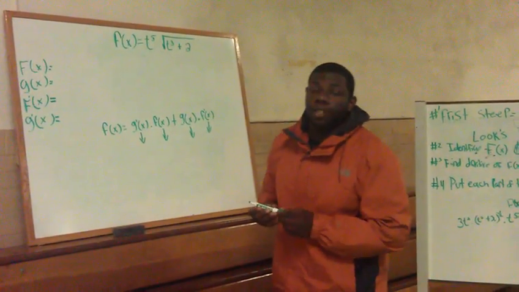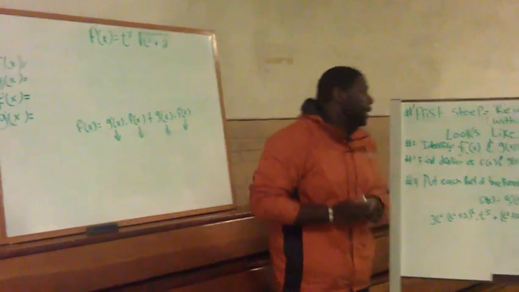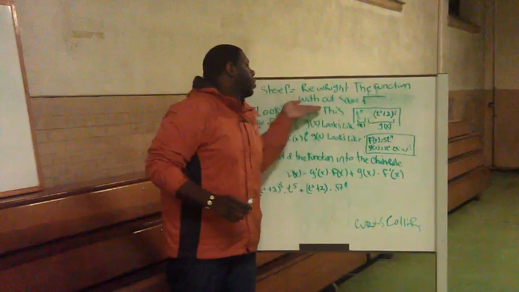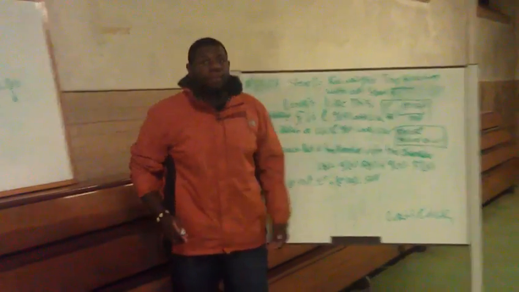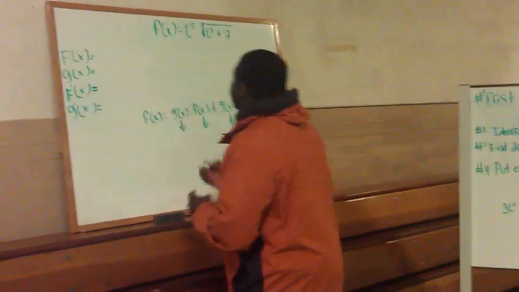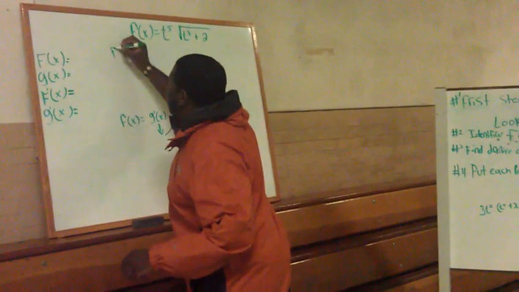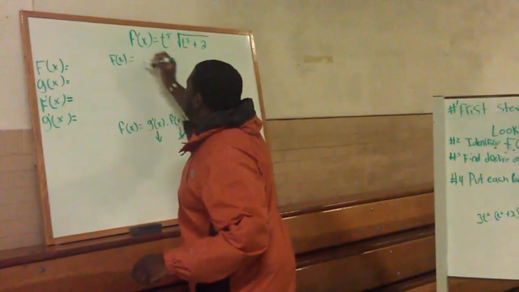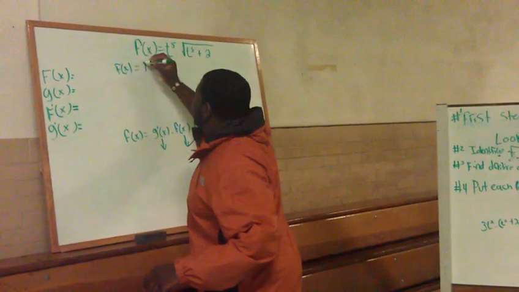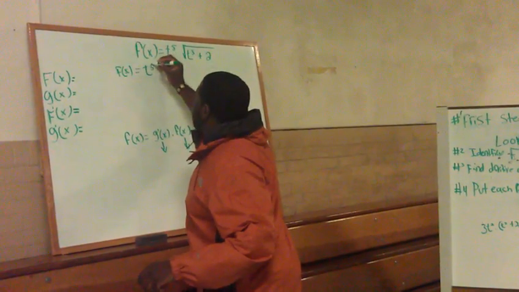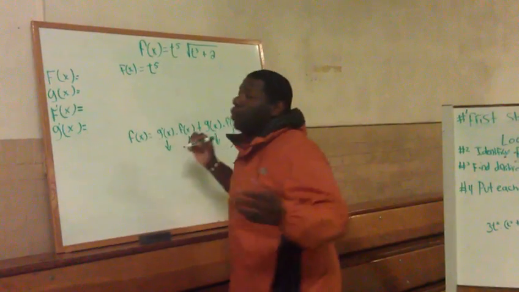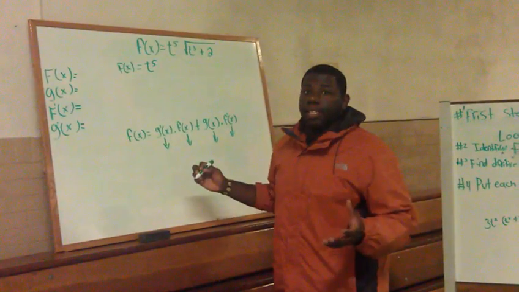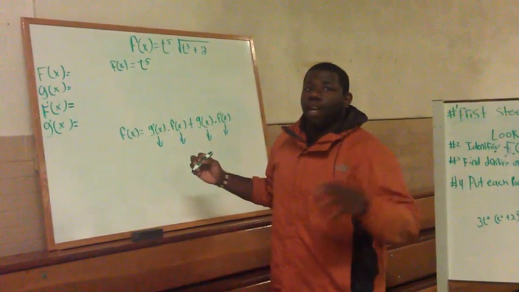Fair enough? Okay, the first step is to rewrite the function without the square root. This is how it's going to look. We want to say f of x is equal to t to the fifth power, and the only way to get a square root out of a function is to multiply it by 1/2.